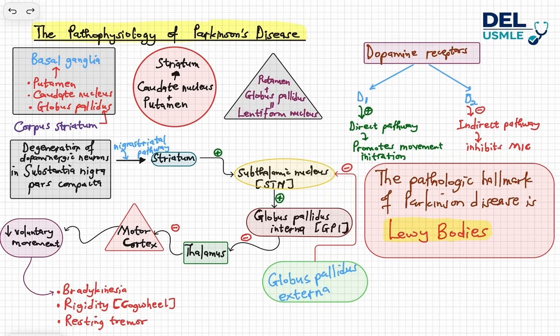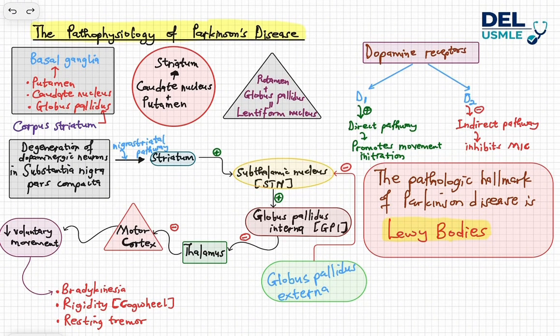Substantia nigra pars compacta has the dopaminergic neurons, which are going to be synthesizing dopamine. That will be sent to the striatum via the nigrostriatal pathway. And once the striatum has the dopamine, it is going to inactivate the subthalamic nucleus. Once the subthalamic nucleus is inactivated, automatically the globus pallidus interna ceases to be stimulated.